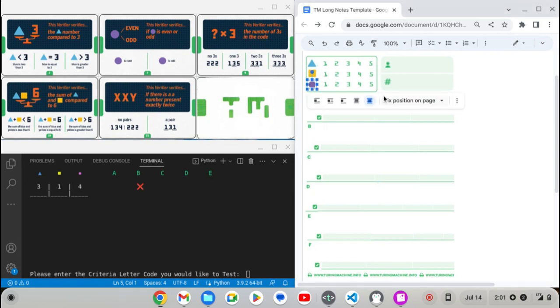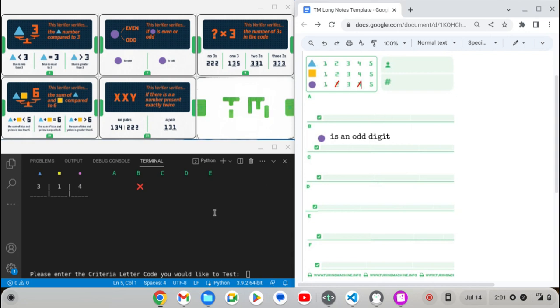So let me go ahead and type that up in section B. Circle is an odd digit. Okay, and because of course it is odd, I can actually cross out the 2 evens. So I'll cross out 2 and 4.